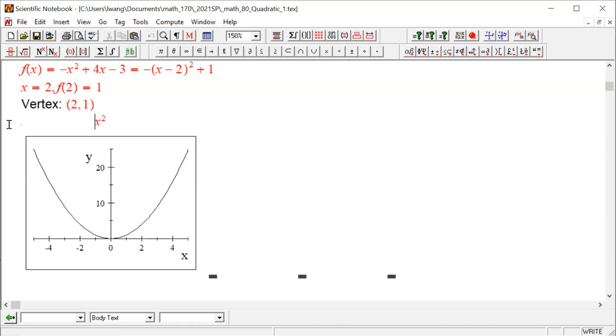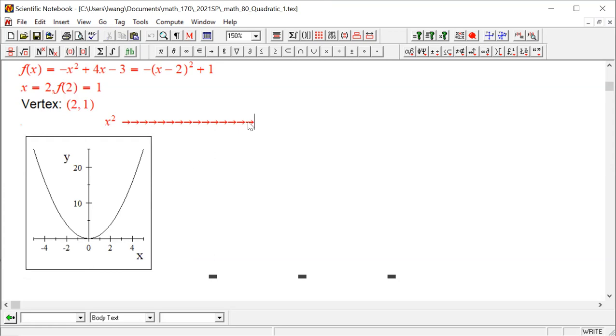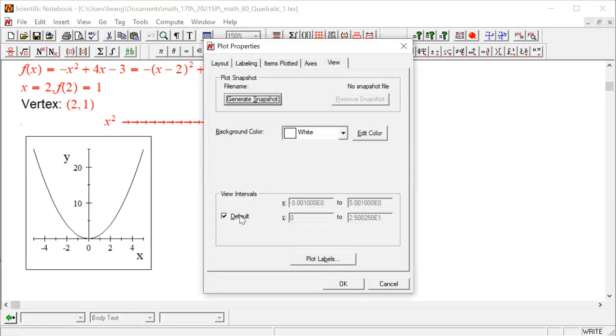So from x squared, we're going to do x minus 2 squared. And we know that x minus 2 squared is a shift to the right, a horizontal shift by 2 units. So I'm going to make some adjustment to the picture.